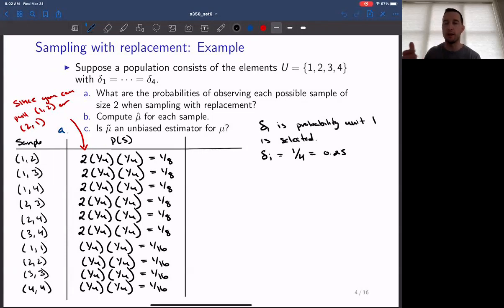So every unit in the frame has the exact same probability of entering into the sample. We also assume with simple random sampling that we sample without replacement. So every observation has the same chance of being pulled, but each observation can only appear once in the sample.